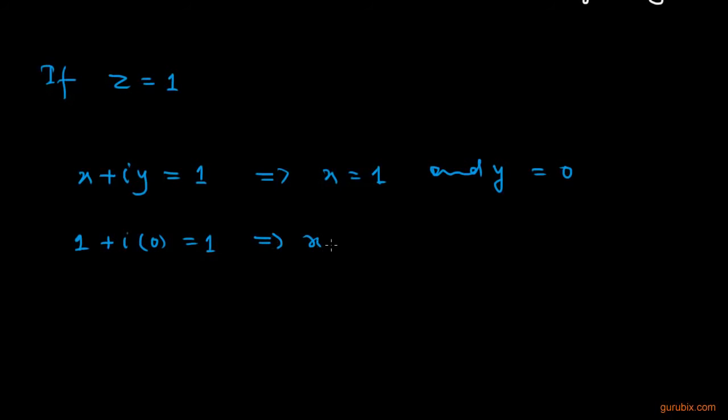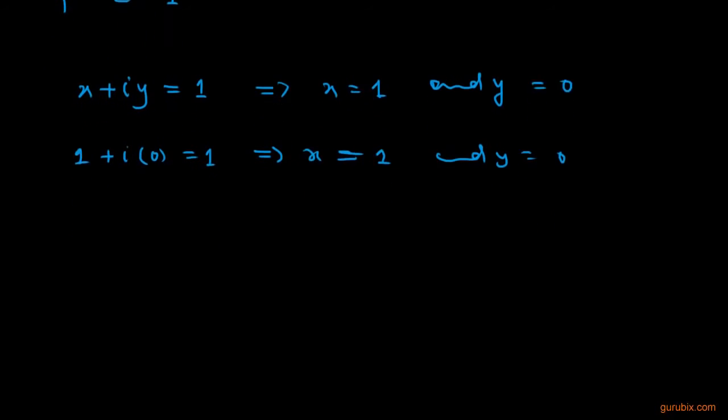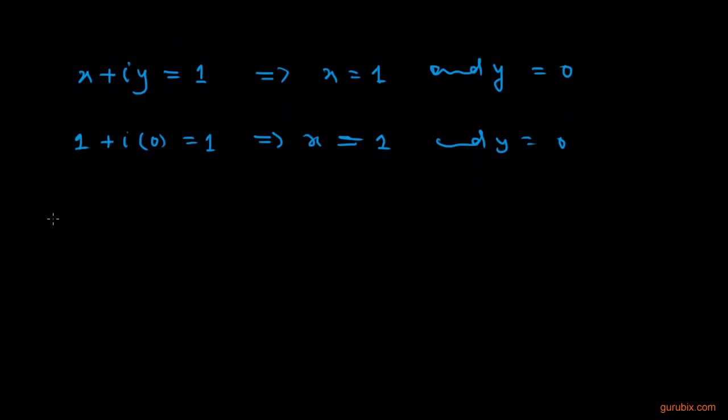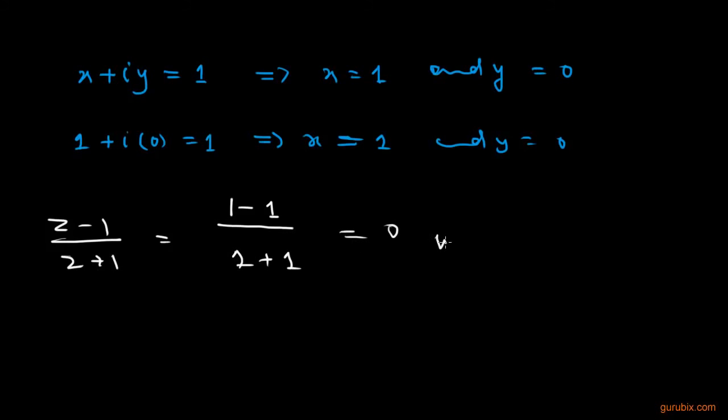This implies that x equals 1 and y equals 0. Then our value of (z minus 1) over (z plus 1) will be (1 minus 1) over (1 plus 1). This means 0, which is purely real. So this is the solution of the whole example.